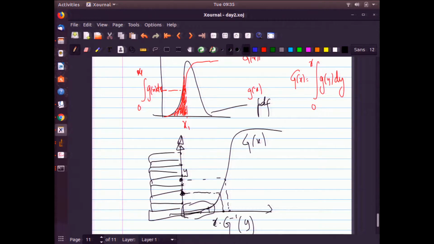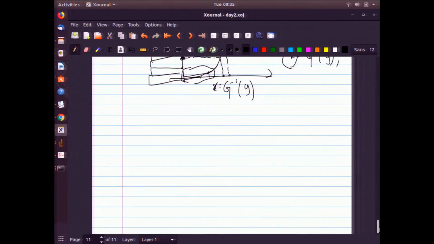So if we generate random numbers uniformly, y, so if you do y equals rand of n comma 1, and then do x equals g inverse of y, then x will be distributed according to g of x. Okay? But why do we need the cumulative function, right?